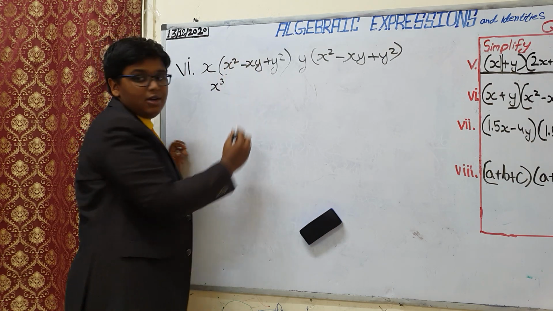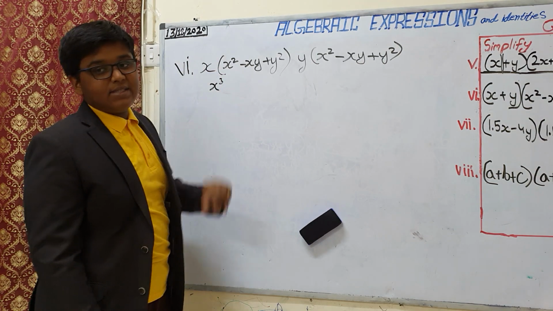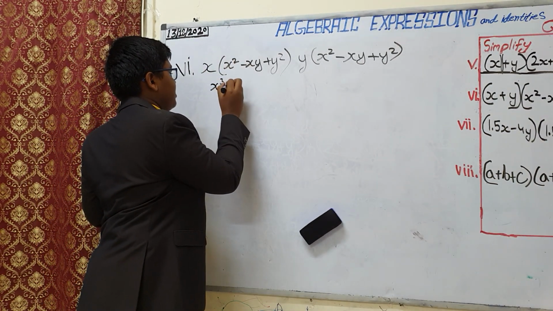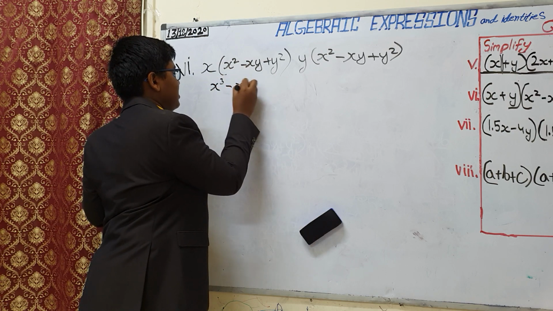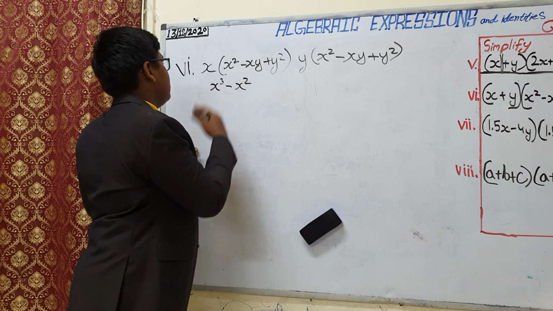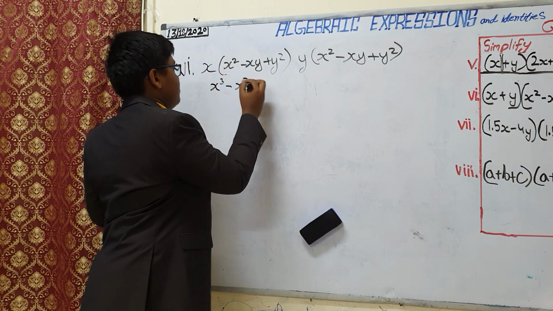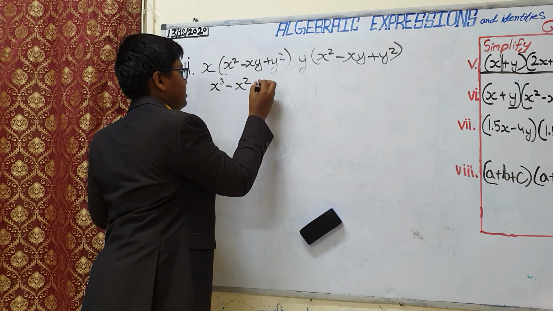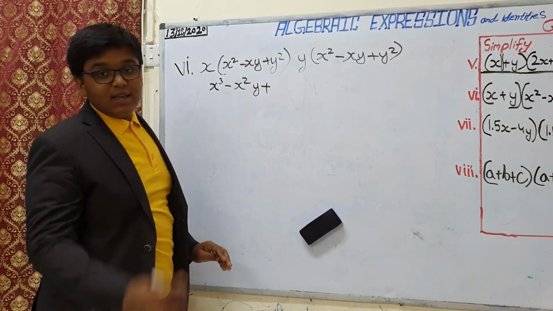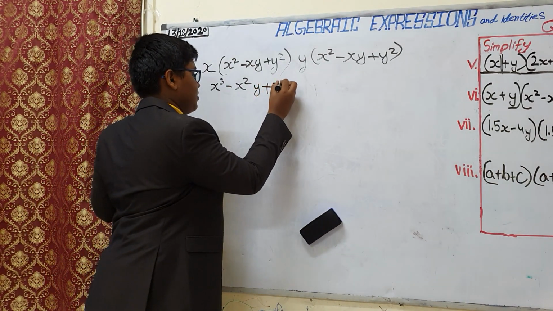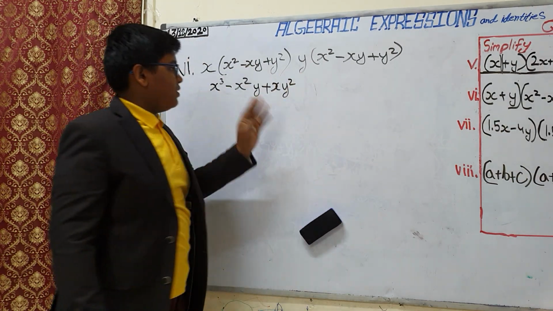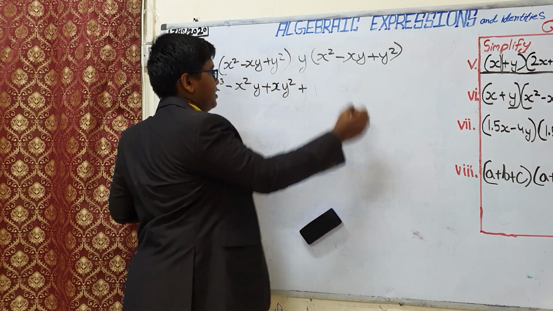Then minus, now x into minus xy: positive and negative equals negative, x into x equals x, add the powers, 1 plus 1 equals 2, so x squared, then y as it is. Then plus, now x into y squared equals xy squared, we write the square for the y.